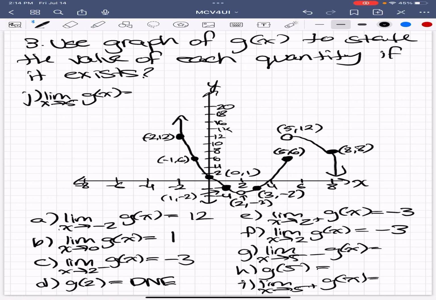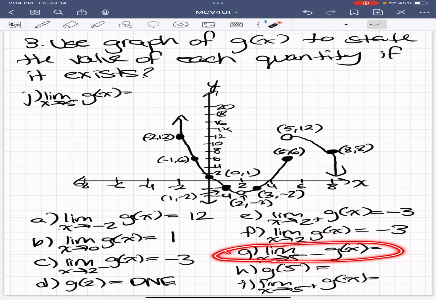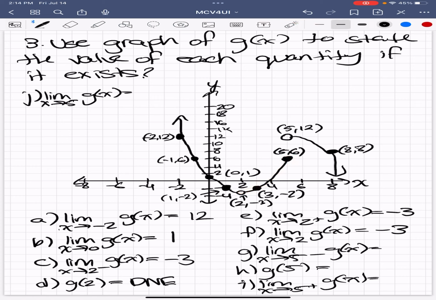And now, the limit as x approaches 5, the left side limit, would be 6. For g of 5, because this is an open circle and this is a closed circle, the result of g of 5 would be 6.